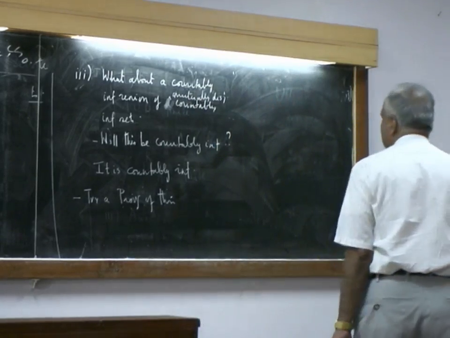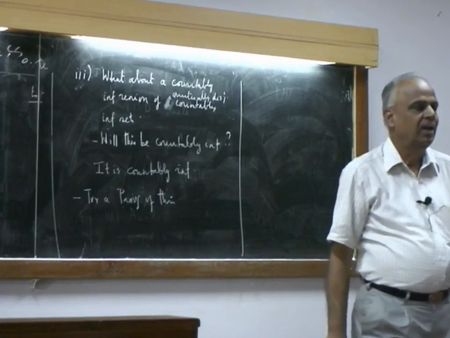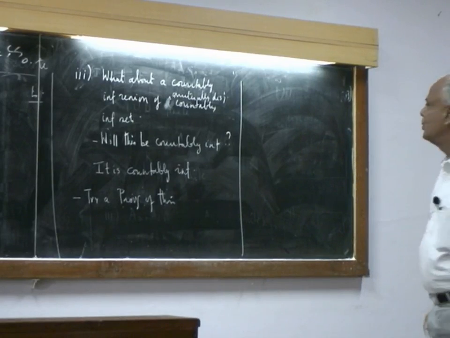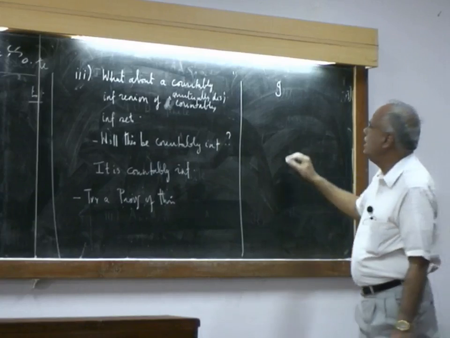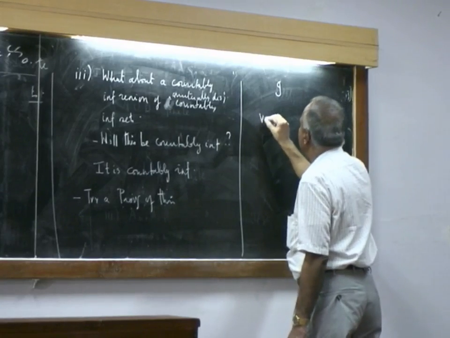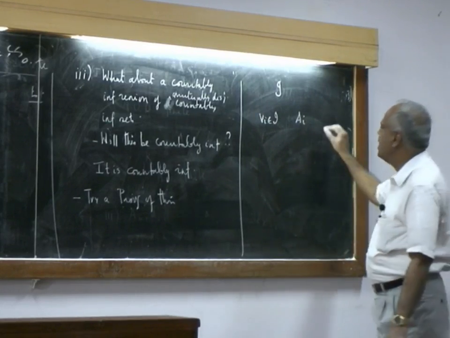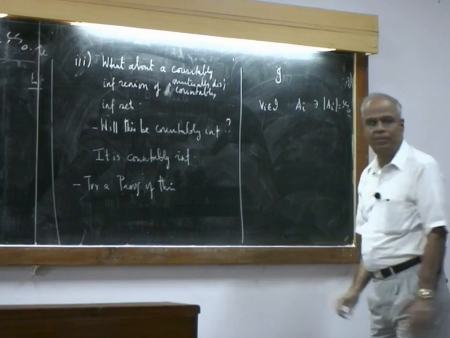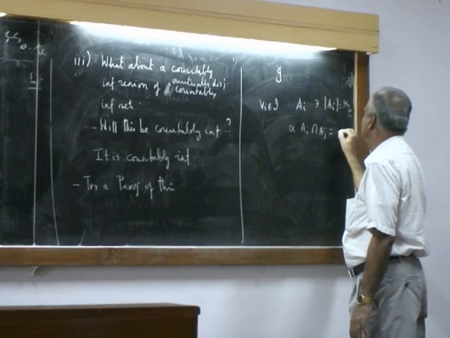So what does that mean? First of all, I have an indexing set for these sets. So I have a set I, and for each i in I a set A_i, such that A_i intersection A_j is empty.